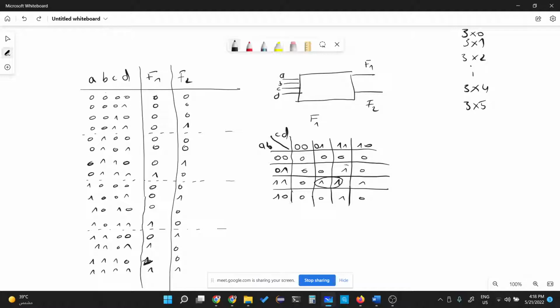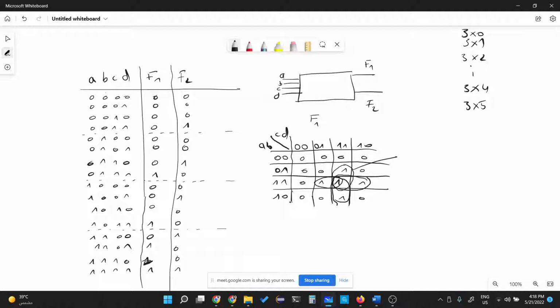You have to maximize your groups. You cannot group this one by itself; you have to group it with this because you can. Also for this one, you have to group it with this bit here. With this one also you have to group it with this bit. You have to maximize the groups.